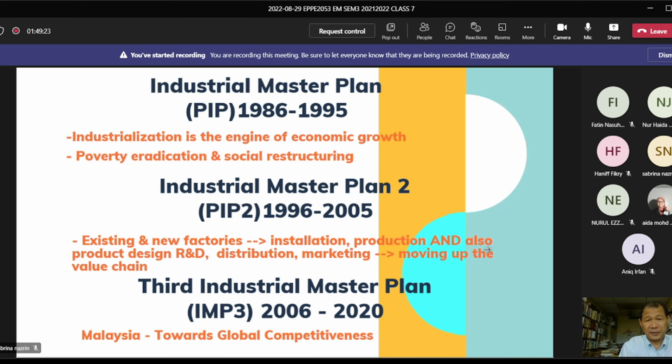So manufacturing still is not diminished, tidak berkurang. It's very important. So that has to be in good synergy with services.